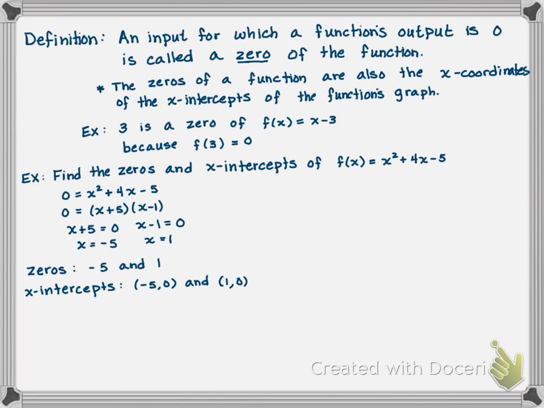So we can see this. Let's find the x-intercepts of the graph of f of x equals x squared minus 5.